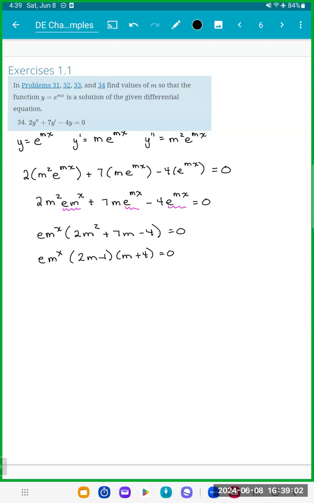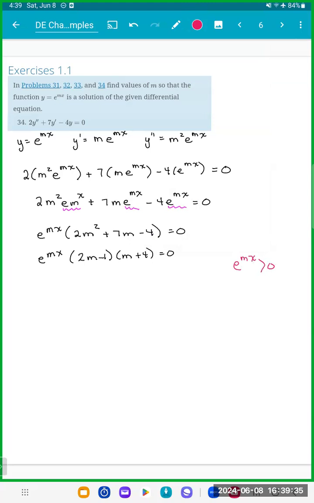And since e raised to the mx, anytime you raise e to something, it's going to be greater than 0. So I'll write that little note over here at the side: e to the mx is always going to be greater than 0 for all of our x's.